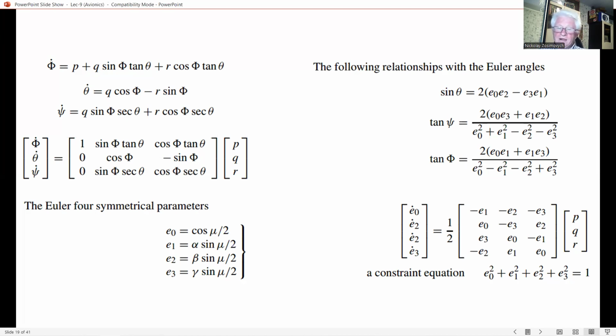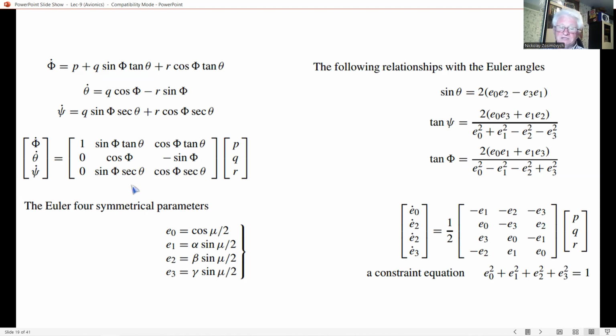Equations for phi dot, theta dot, and psi dot can be derived from this equation, which you can see in the top left corner, by suitable algebraic manipulation and set out below. And we can see here, the next equation can be expressed more compactly in matrix form.